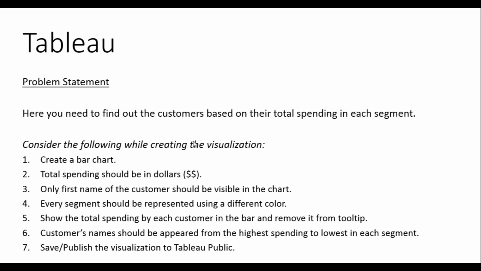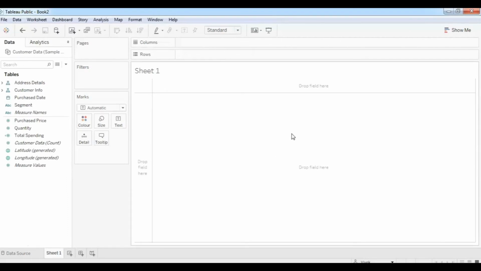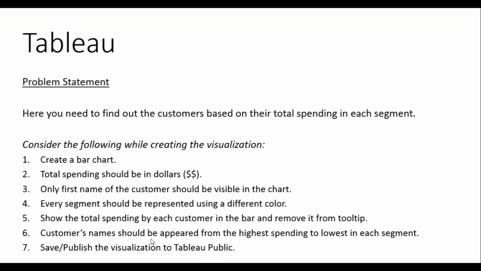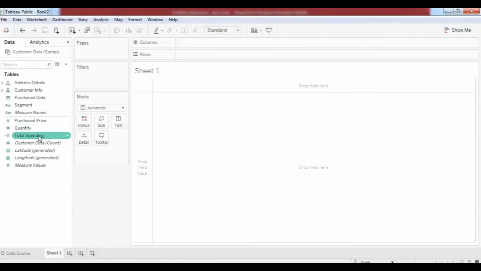Let me open Tableau Public. It is just a continuation from the last tutorial. Let's again see the problem statement. We have to show the customers based on the total spending. So we need the total spending measure first to include in the bar chart.